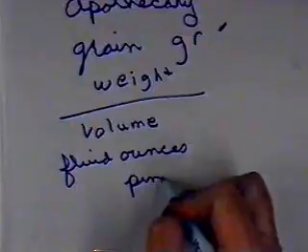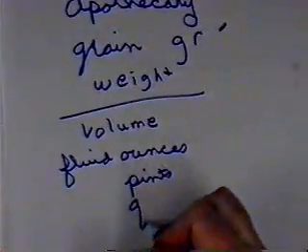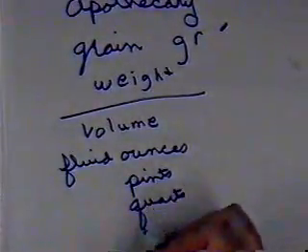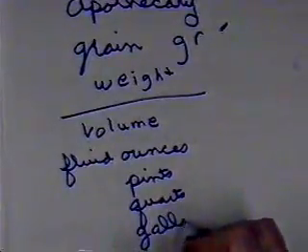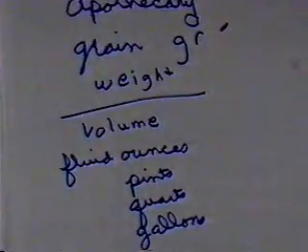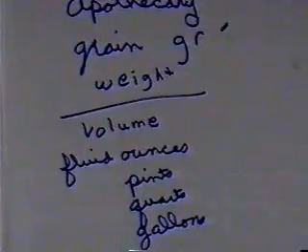We have pints, quarts, and gallons. And these pints, quarts, and gallons are the same measurements you use around the house if you do any canning or cooking that uses large amounts. Pints, quarts, and gallons.